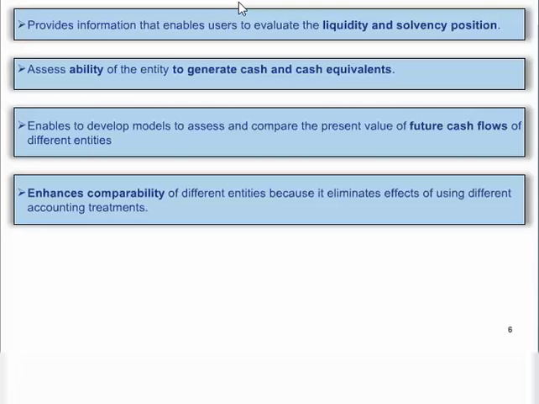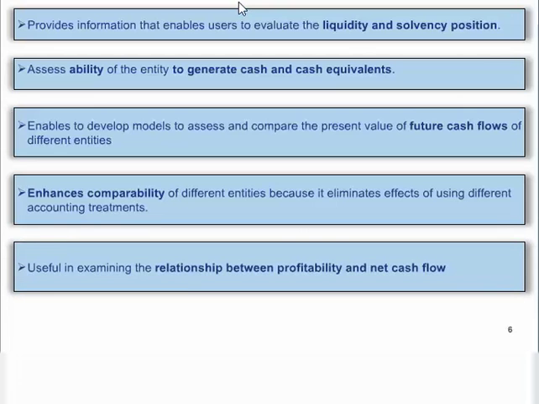So accordingly, the profit and loss statements of a Tata company and of a Reliance company would not be comparable. However, if you compare the cash flow statements, that would eliminate the effects of using different accounting treatments, and accordingly they will be more comparable.